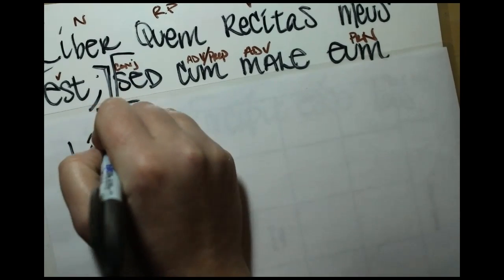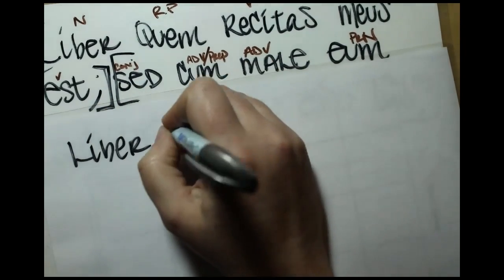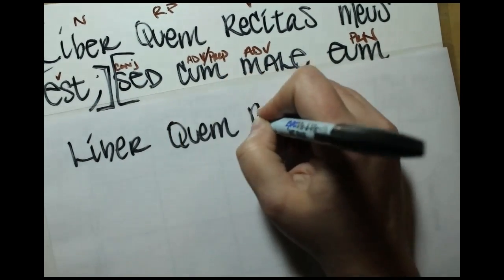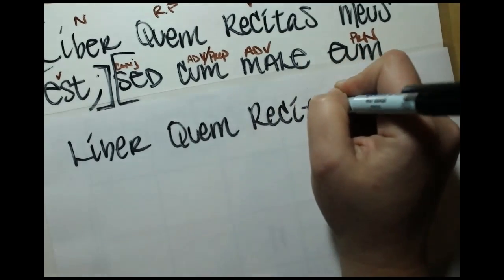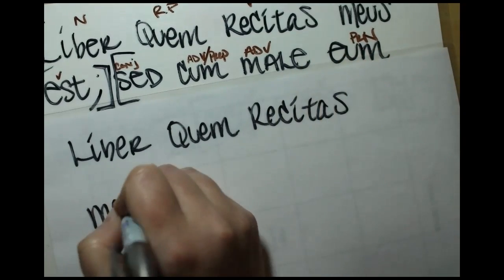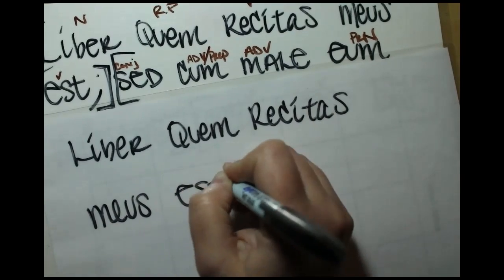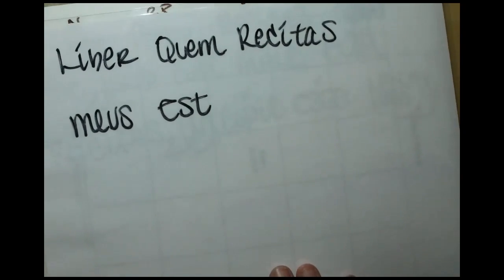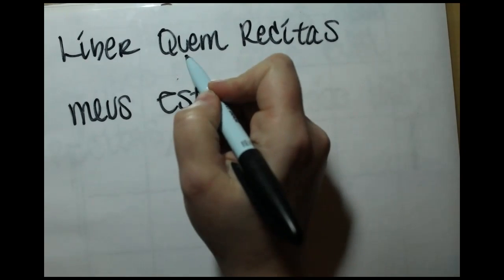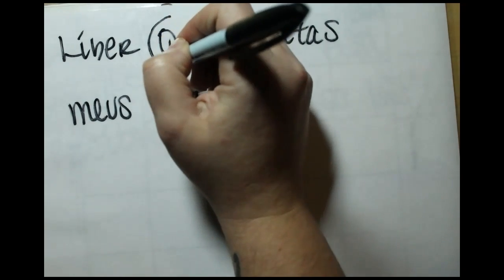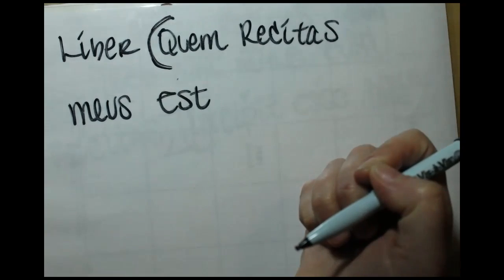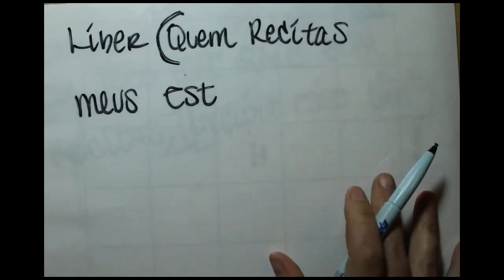So liber quem recitas meus est. Because we have a relative pronoun right here, we're going to start by breaking this off into its own relative clause.